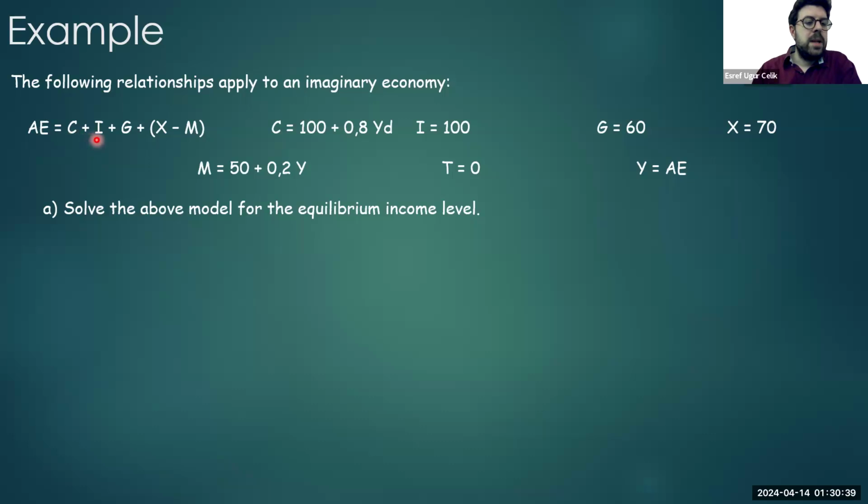Total consumption, planned investment, government expenditure, and net export. When I see the net export over there, it turns into the open economy. I give the consumption equation, investment equation, government expenditure, net export, import function, net export, and equilibrium condition.